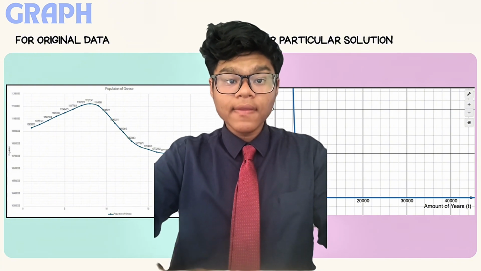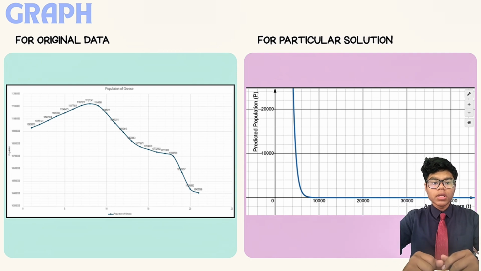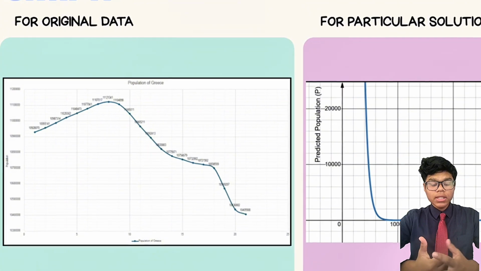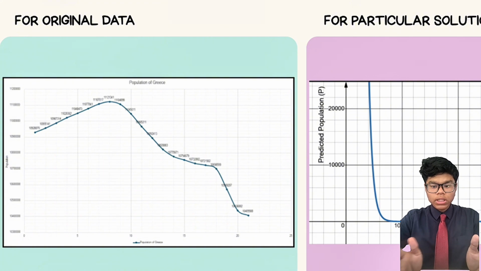Now I'll be presenting the graphs. We have two graphs, as you can see here. We have the original data graph and the particular solution graph. The original data is just plotted using the population as the y-axis and the years from 2003 till 2023 as the x-axis.